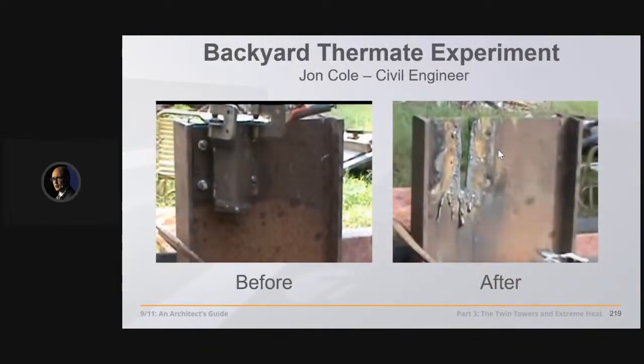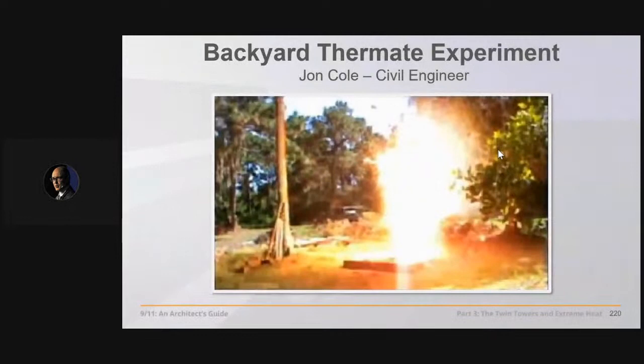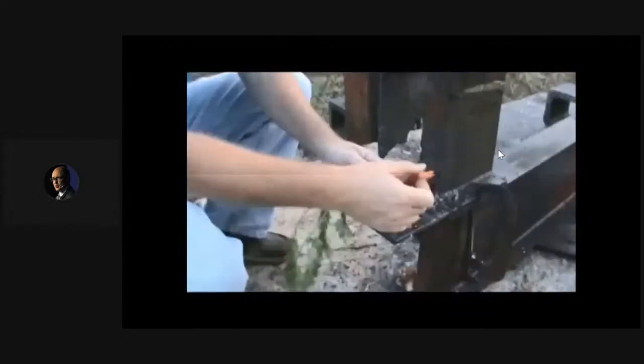Well, you can cut steel with your own homemade shaped cutter charges, like John Cole did in Florida. This civil engineer created this. Web was reduced in thickness with gaping holes, thinned to almost razor sharpness, with a Swiss cheese appearance.